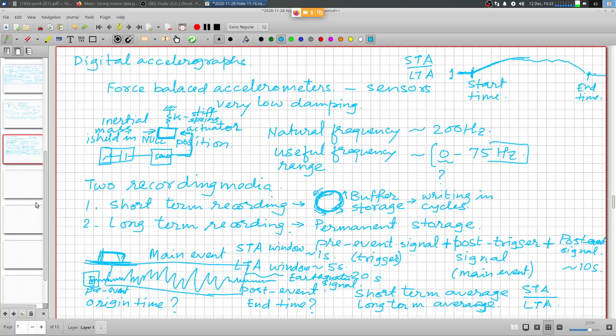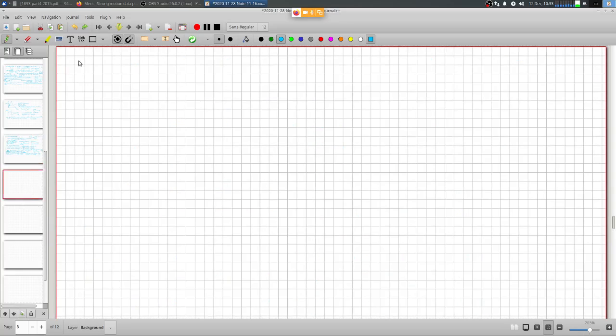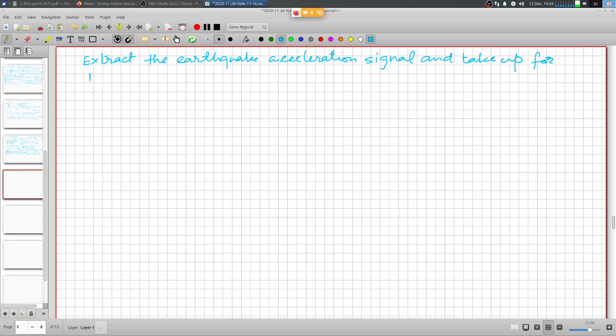And that further processing will involve the first thing that we need, to extract the earthquake acceleration signal and take it up for further processing.